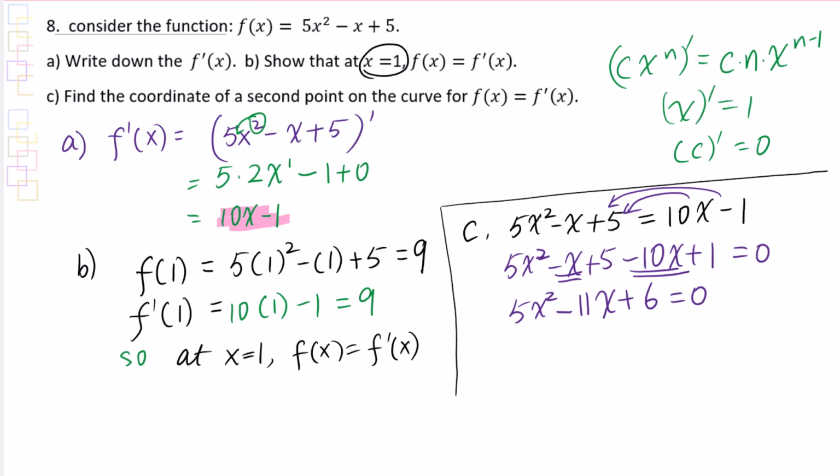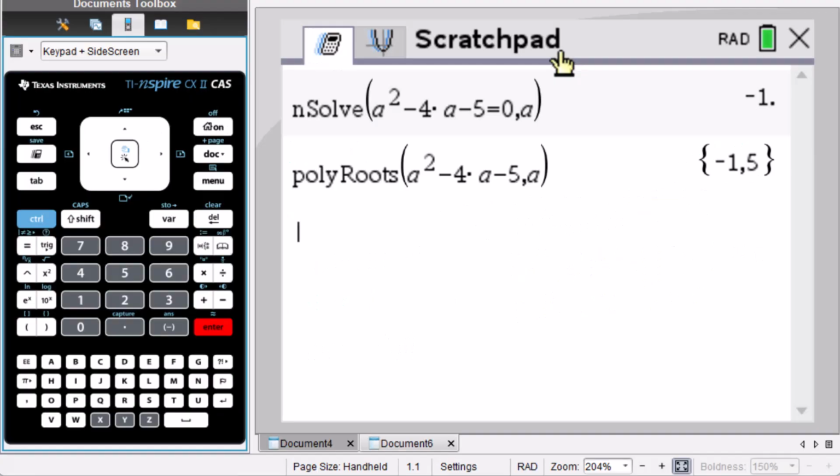Let's go to calculator. Make sure you use poly roots. So do not put the equal sign. Just put the polynomial function, which is 5x squared minus 11x plus 6.